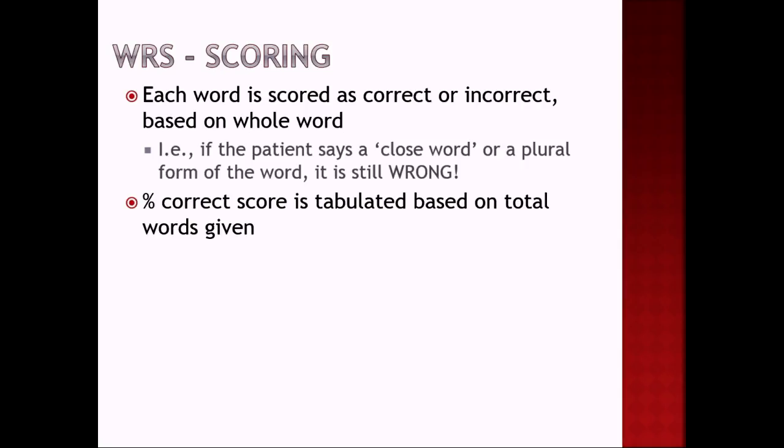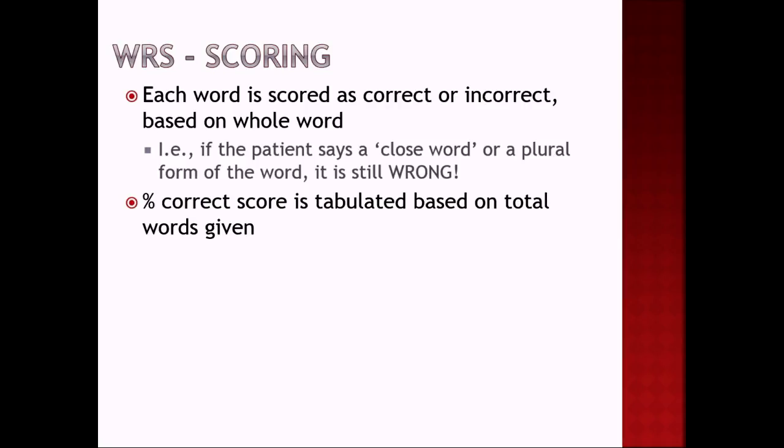For the most part, in word recognition scoring, each word is scored as correct or incorrect based on the whole word. So if the patient says a word that is close, or if they say cats instead of cat, it's still wrong. I will tell you, I make an exception for the word laud.